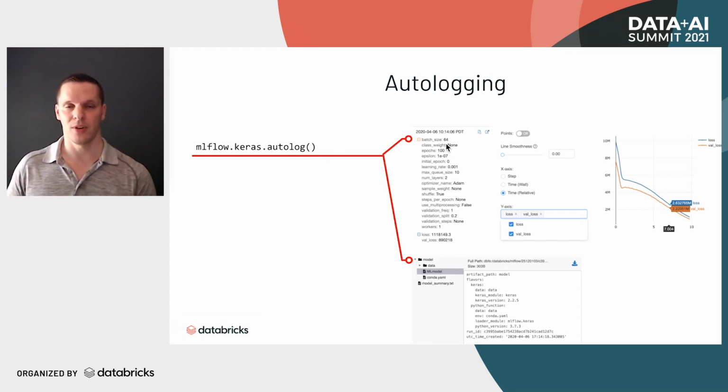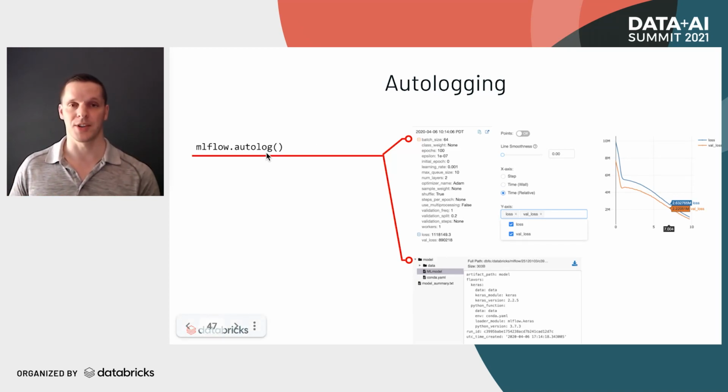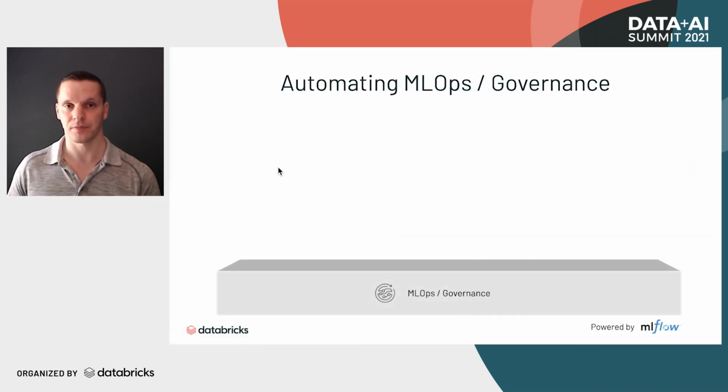And with one line of code, you get all of the metrics, all of the parameters, and the model artifact logged to MLflow. And because we provide many different autologging APIs, and I'll show you later of the different things that we can automatically log, we even simplified it more so that you can just call mlflow.autolog and we will log all of the information that we can for you.